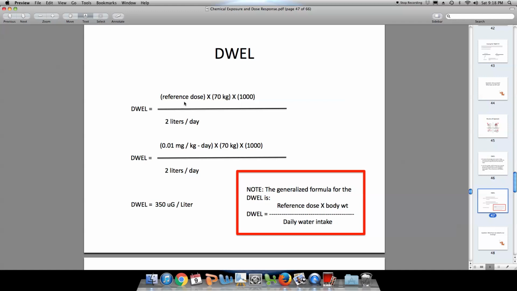But these are the numbers that have been worked out by the U.S. Geological Survey for groundwater and the U.S. EPA for general exposure to harmful materials in drinking water. So the generalized formula for the drinking water exposure limit is the reference dose times the body weight divided by the daily water intake. Of course, we can add to that, but this is the minimum that we need to calculate a drinking water exposure level or drinking water exposure limit.